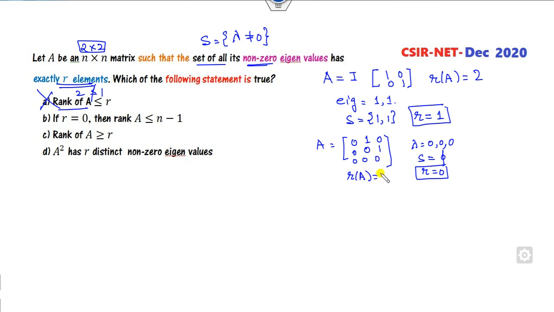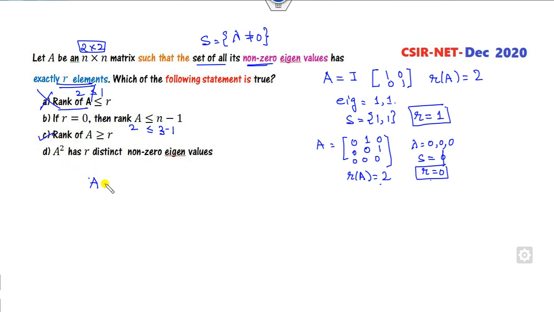Rank of this matrix is 2. So 2 is less than or equal to 2, n is 3 cross 3, so 3 minus 1, it's satisfied. But is it always true? We can't say that. Rank of A is 2, greater than or equal to this, satisfied, but this is a counter example.